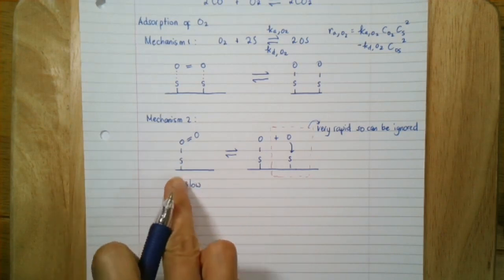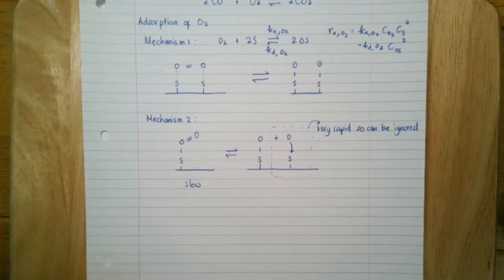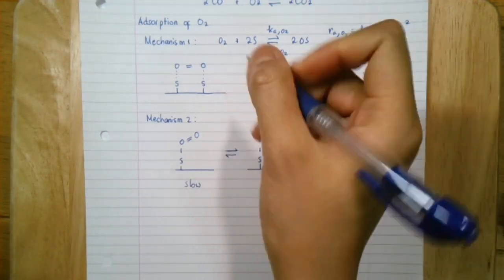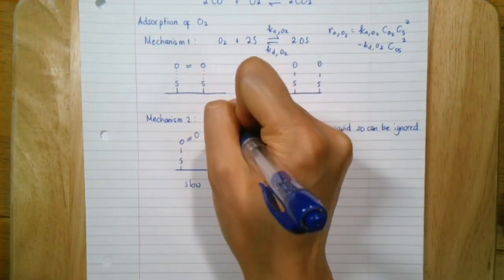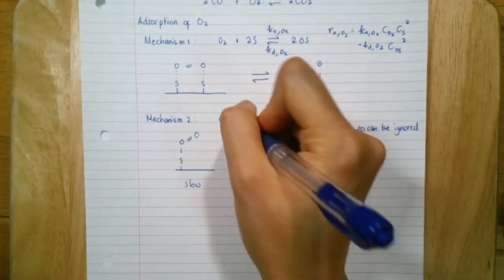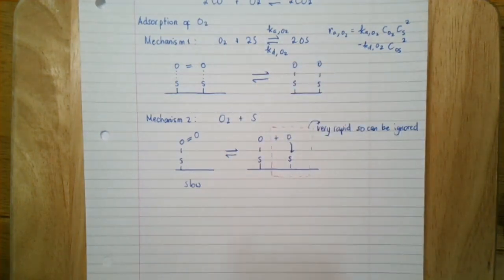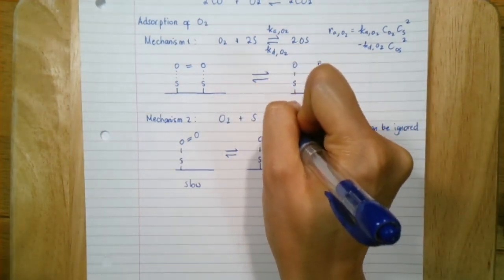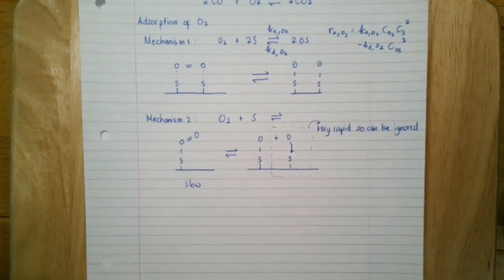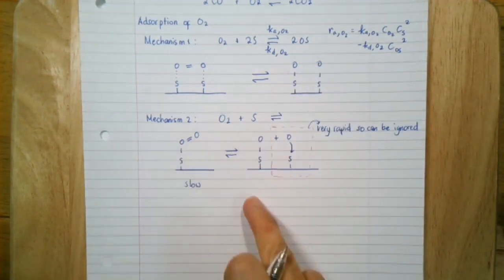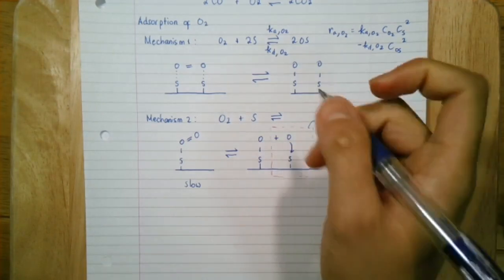So for mechanism 2, we can write O2 plus 1 free site, reversibly going to just 1 OS. We're going to ignore these parts.